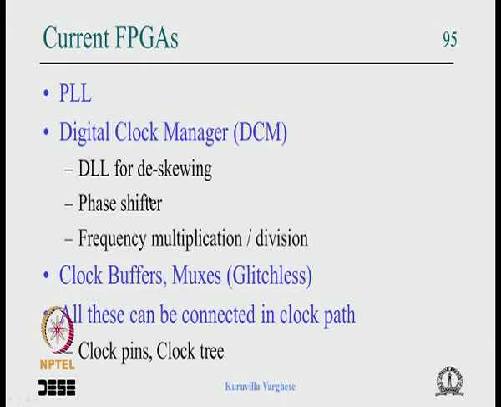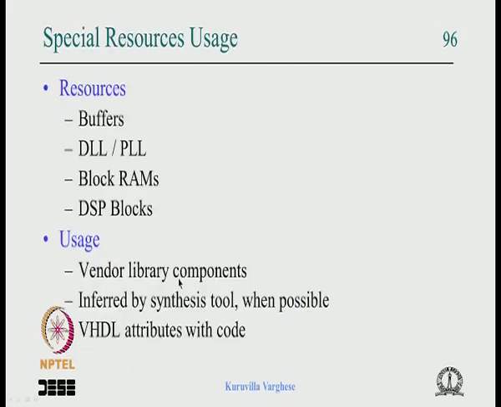The PLL and the DCM, digital clock manager, which contains the DLL, do phase shifting, frequency synthesis, deskewing and all that. It has clock buffers, muxes and all that, and these work with the fixed clock pin, and you can insert this between the clock pin and the clock tree. So this is a little bit about the special resources.